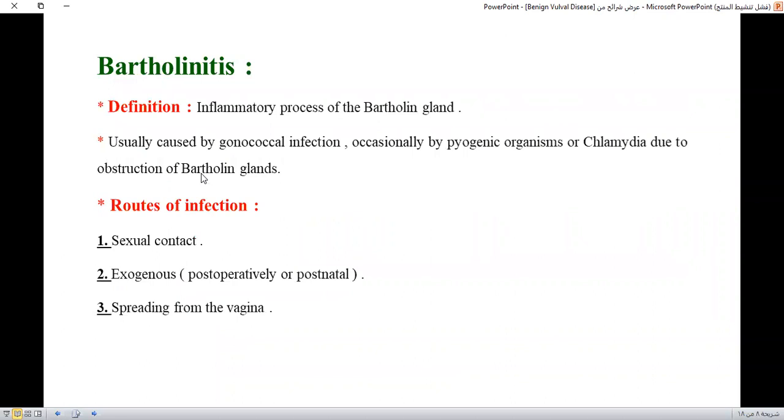Bartholinitis: definition, an inflammatory process of the Bartholin gland. The most common cause is gonococcal, occasionally chlamydia or pyogenic organisms. Route of infection: sexual, postnatal or post-operative, meaning exogenous, and spreading from the vagina.